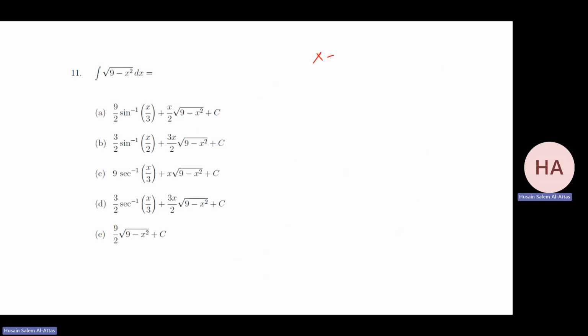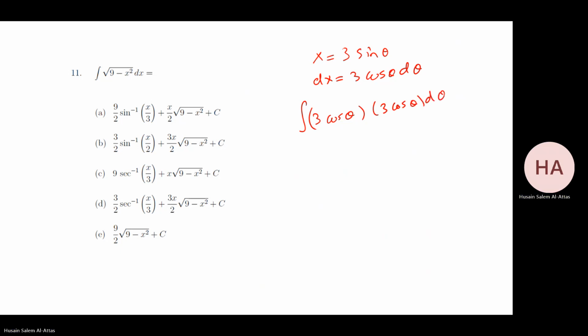I will let x equal 3 sine theta. dx will be what? 3 cosine theta d theta. Plug the numbers. You have 3 cosine theta, and then 3 cosine theta d theta. You have 9 times the integral of cosine squared theta d theta.